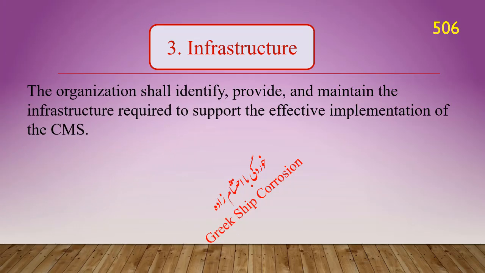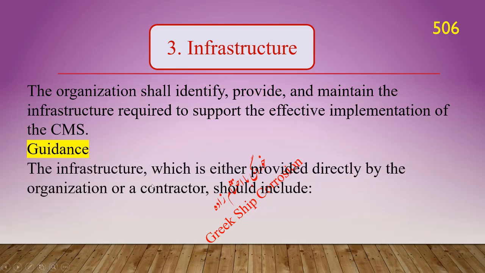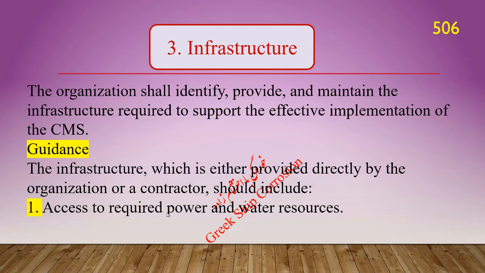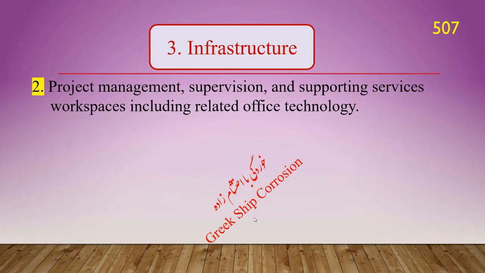3. Infrastructure. The organization shall identify, provide, and maintain the infrastructure required to support the effective implementation of the CMS. Guidance. The infrastructure, which is either provided directly by the organization or a contractor, should include 1. Access to required power and water resources. 2.